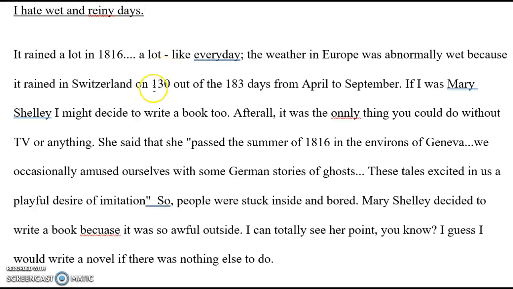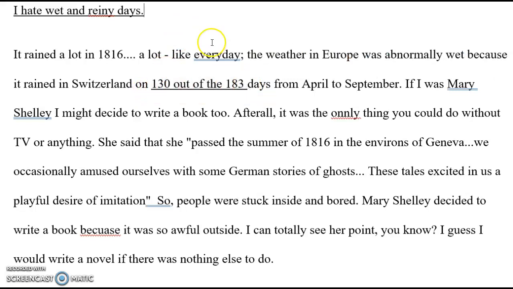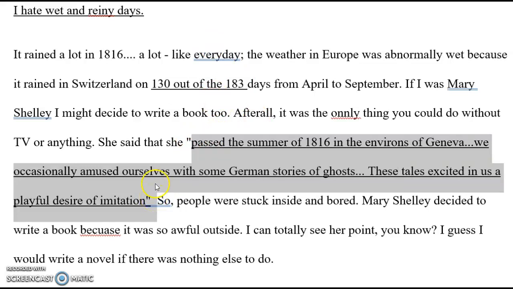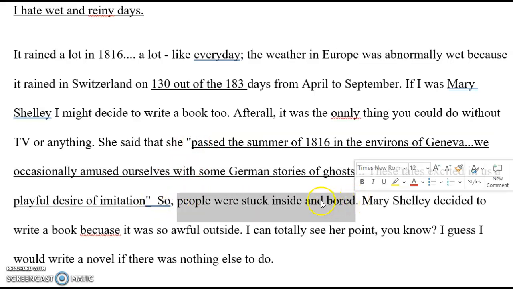And then this section right here should be cited because it's a fact. And this section here doesn't have any citation, even though it is quoted. Also, right afterwards, it says, "So people were stuck inside and bored," but this does not affect what Mary Shelley felt based off of this quotation.